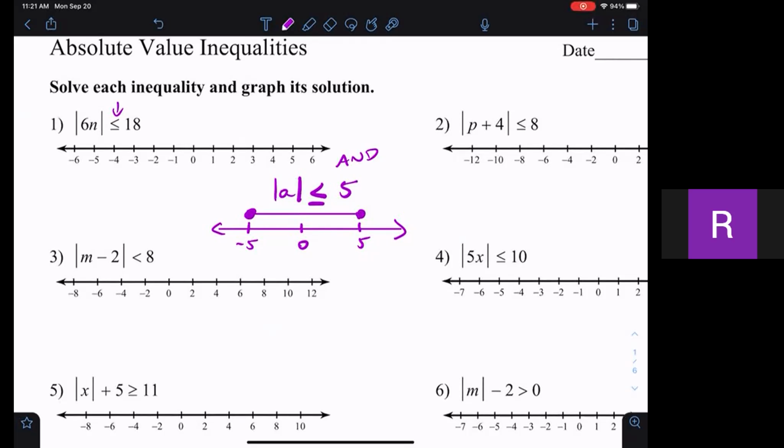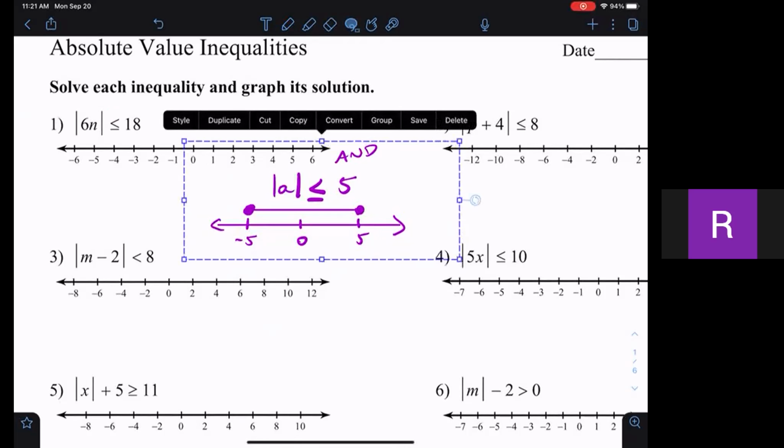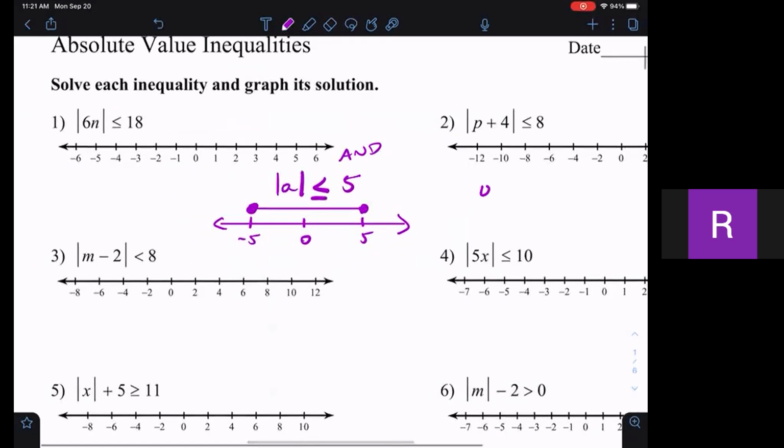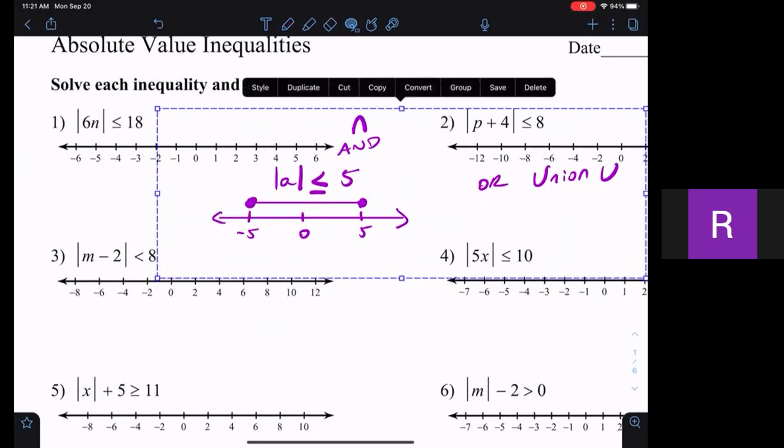Okay, so let's solve the problems. If this is an and statement, then the other one should be an or statement. And or means union, right? Union or U, and and you will see like intersection like that. So let's solve the problem, so that will make more sense.